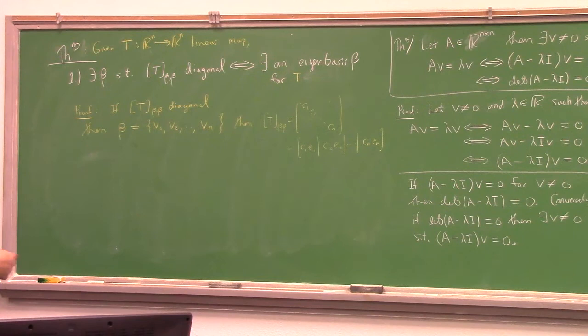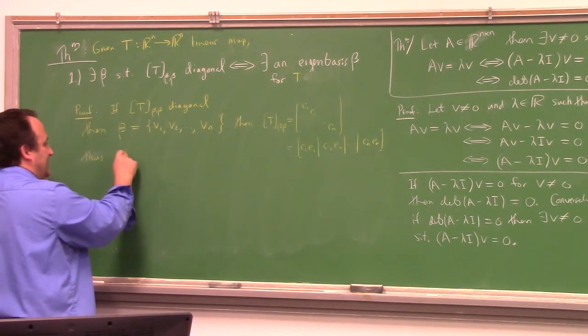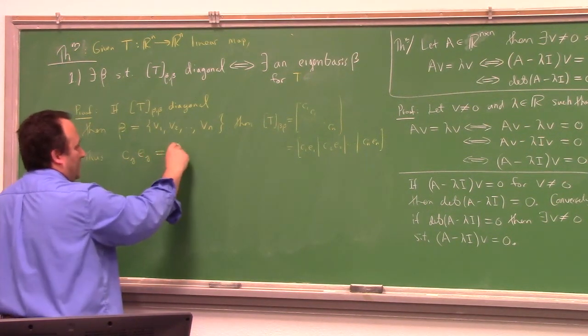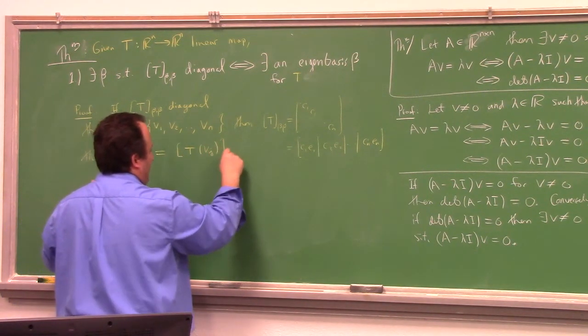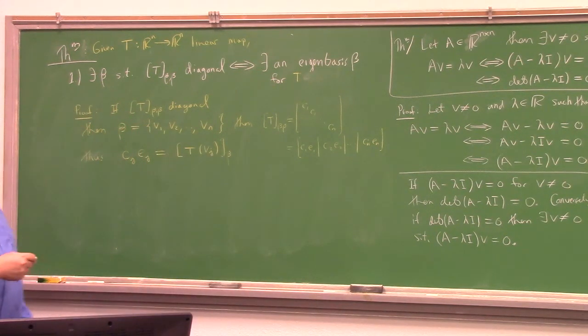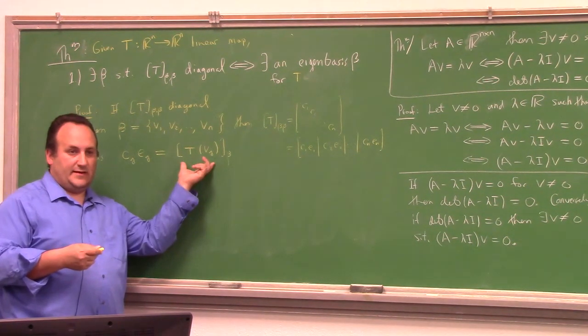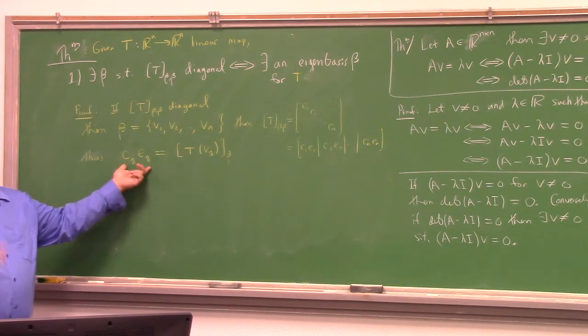But think back to what we meant by T beta beta. What's the jth column of that? Like cj ej is equal to the coordinate vector of T of vj with respect to the beta basis. Because this is the jth column of the matrix T beta beta, which we're assuming is diagonal, so it's a scalar multiple of the jth standard basis vector, right?